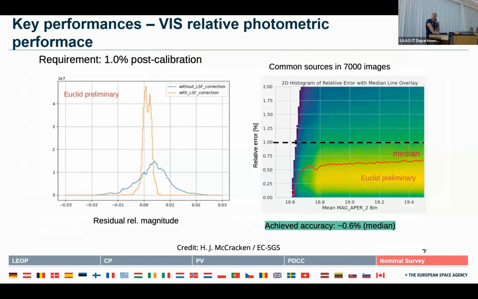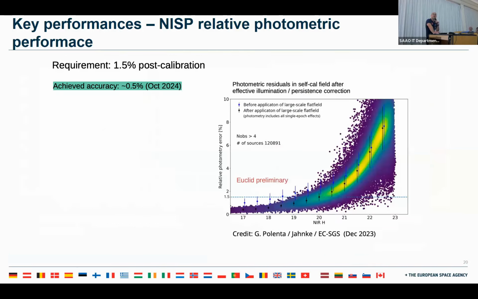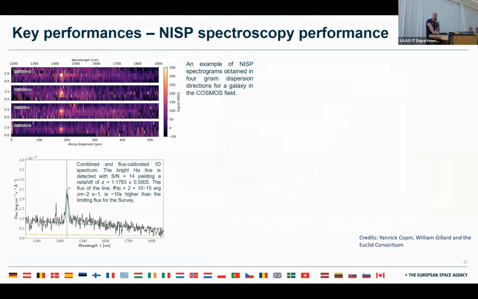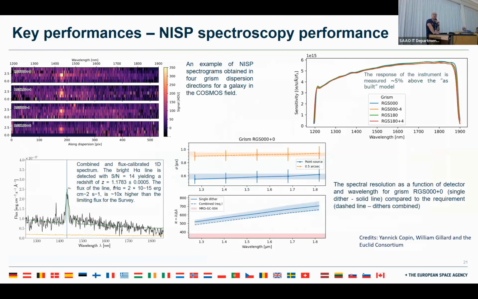The relative photometric performance is better than the 1% required for the VIS channel. I'm not going to go into much detail on that. And the same for the post-calibration error, relative photometric accuracy for this photometry.